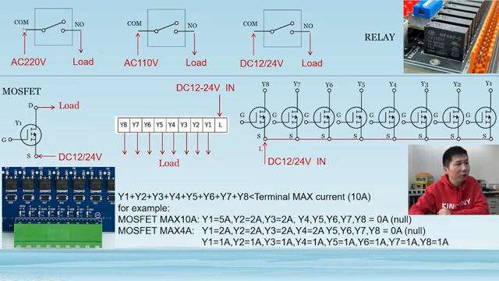If you use a relay, you can input AC 220 volt into your load, and also AC 110 volt, and also you can control 12 or 24 volt or other voltage to your load. It depends on your relay requirements.